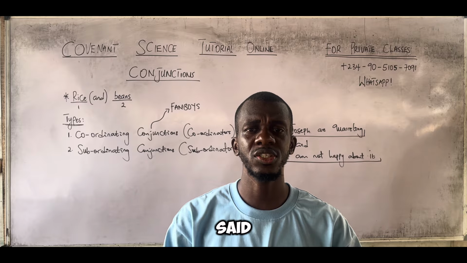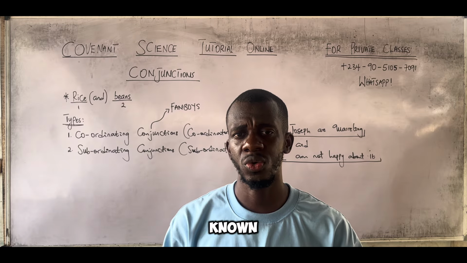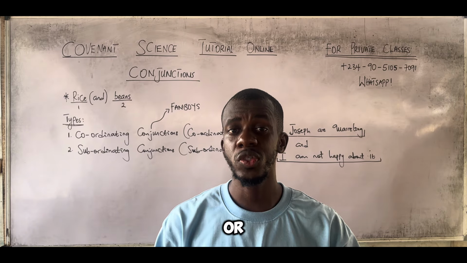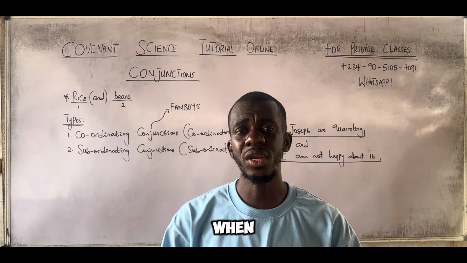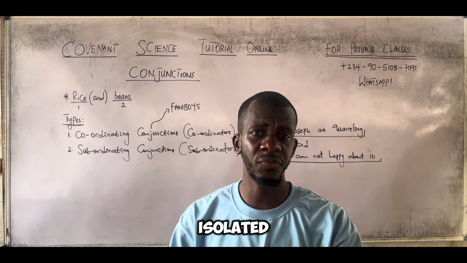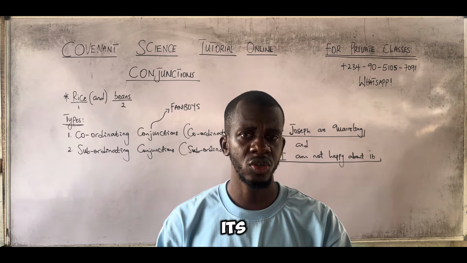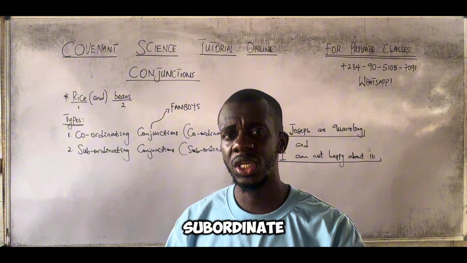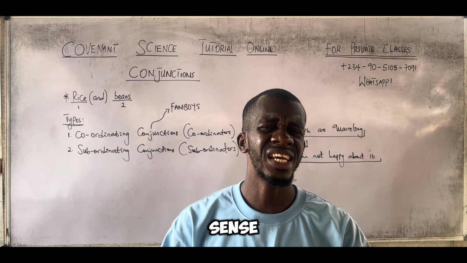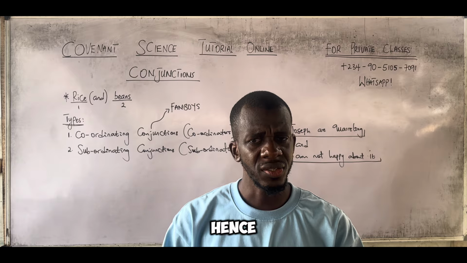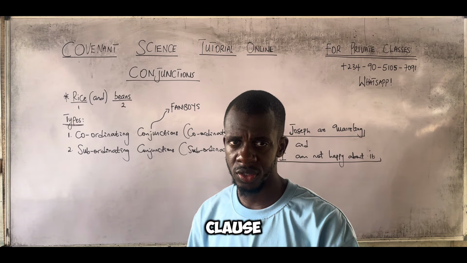Such a clause is said to be independent, because we have something else known as the dependent or subordinate clause. A subordinate clause is that clause that, when isolated from the entire sentence, cannot survive on its own. So the subordinate clause needs the independent clause to make sense. Hence, the subordinate clause can also be called the dependent clause.